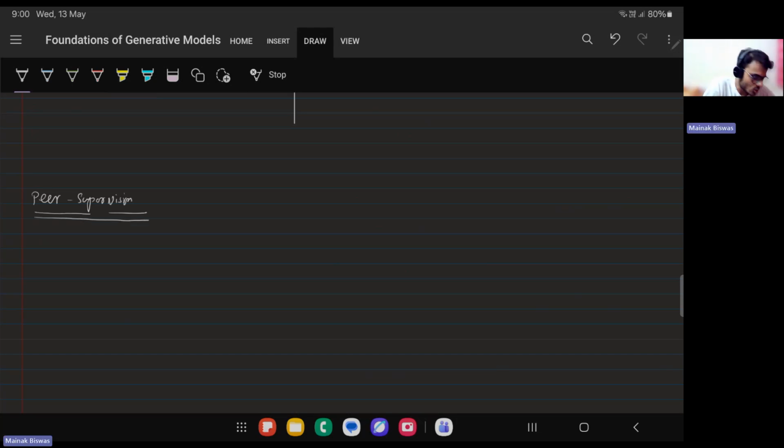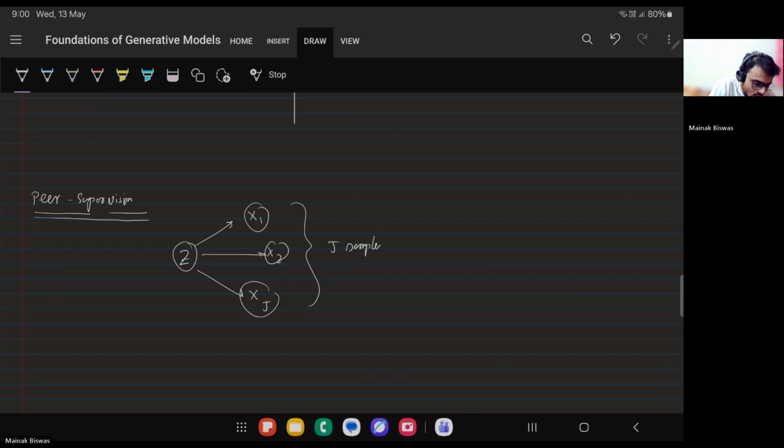So in peer supervision, I have a single Z. I will have two factors or K factors. Say for now, I'm going to write J factors. Let's generalize it. Say I have J samples of the same entity. And Z is equal to 0, 1, dot, dot, dot, say K levels, right? It is a single latent.